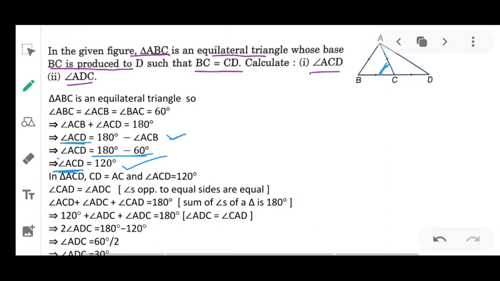Now in triangle ACD, CD equals AC, that is given.